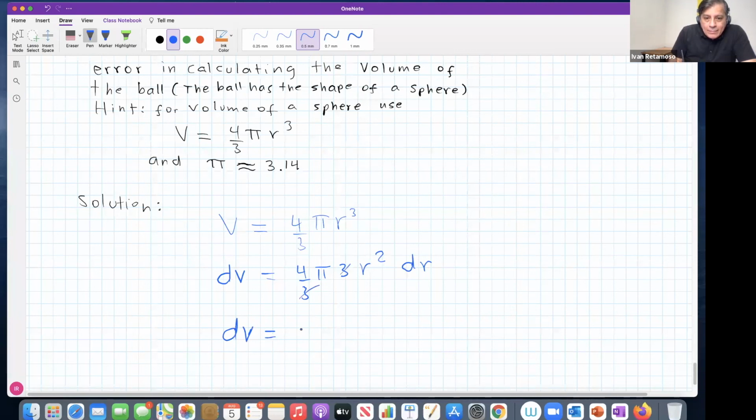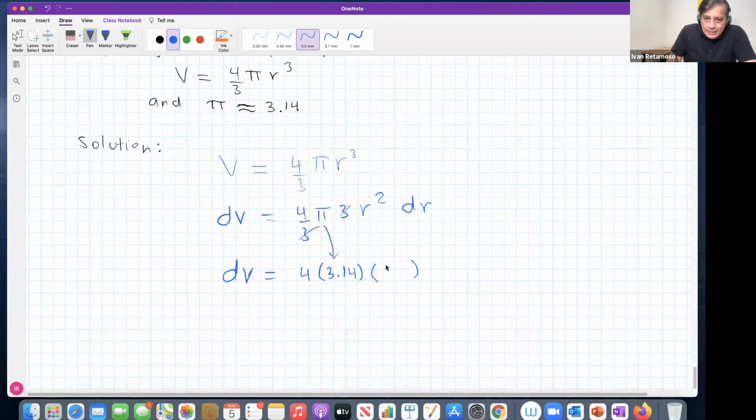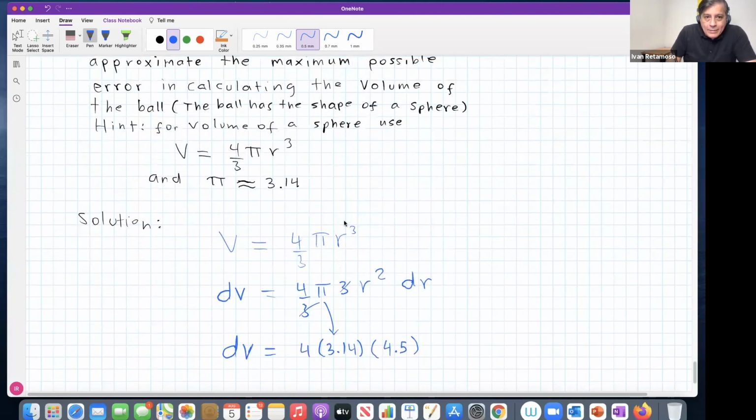These 3's cancel, 4 pi, but they want me to write pi as 3.14. Let's follow the instructions. This is r squared, but what's the r squared? Well, they say that this is the radius, 4.5. But there is an error in the manufacturing of this radius.